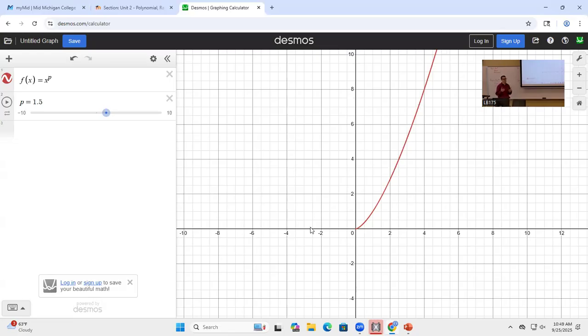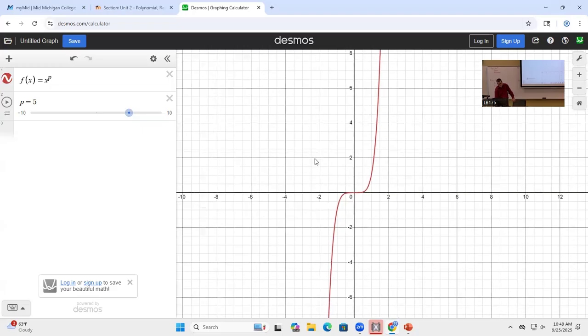And since we can't have square roots of negative numbers, and 1.5 is 3/2 as a fraction, since we can't do square roots of negatives, it doesn't give me anything to the left of the y-axis. So it won't take negative x inputs. That makes sense. As we start growing, notice that certain values won't have negative x inputs.